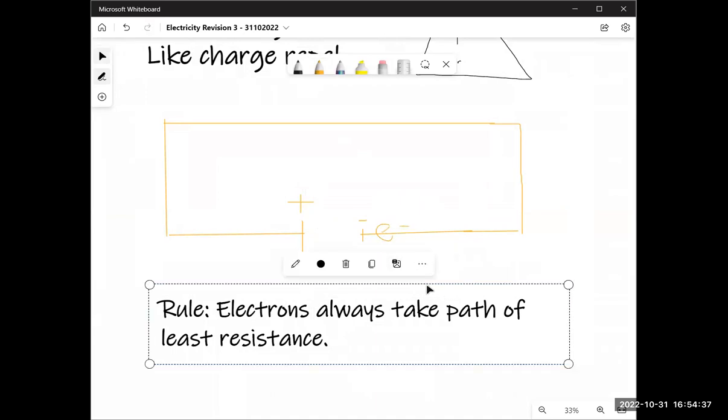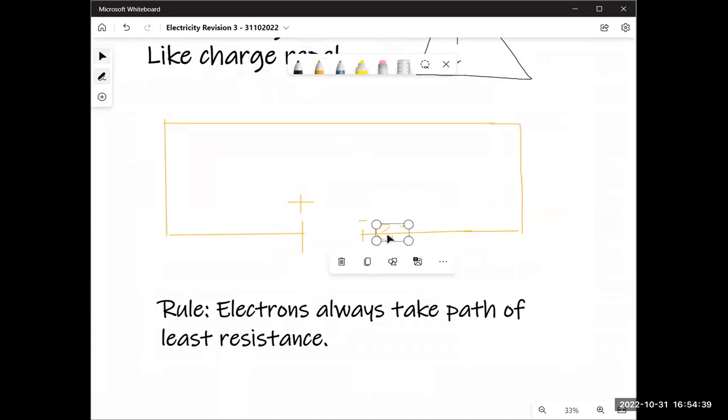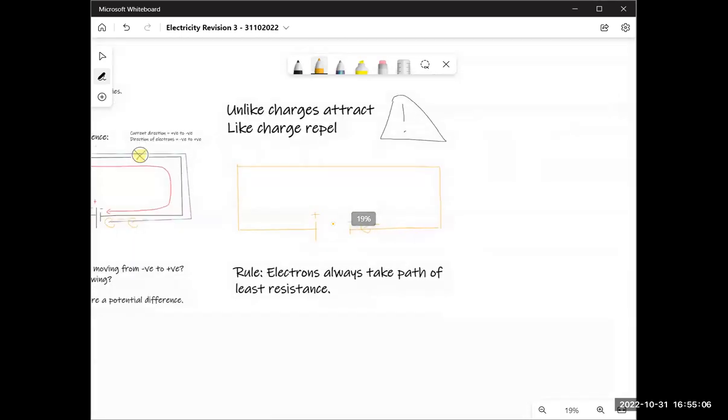Now what is pushing it? Well, this electron is pushed by something called the potential difference. If I say that this side is also negative, will the electron move? If this side is also negative, the electron will not go anywhere. Does that make sense? But if I make it positive, now there's a difference. What is the difference? There is a difference of charge. Is that clear? Yes, sir.